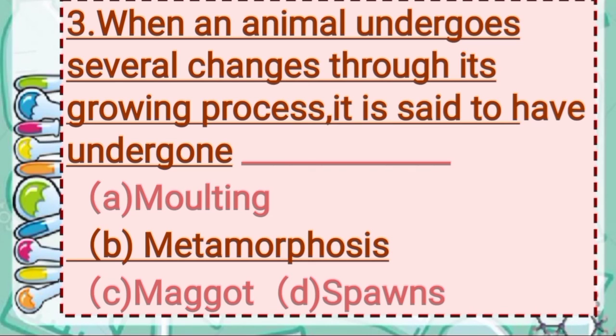When an animal undergoes several changes through its growing process, it is said to have undergone. Answer is option B, metamorphosis. So as you know, metamorphosis means a complete change from a young form to an adult form. So answer is option B, metamorphosis.